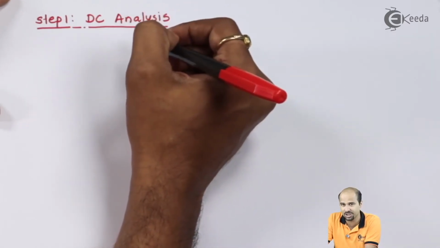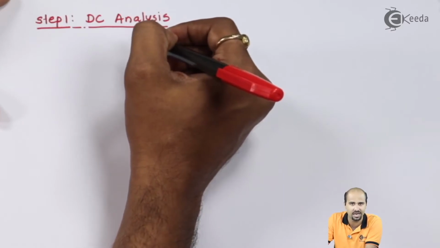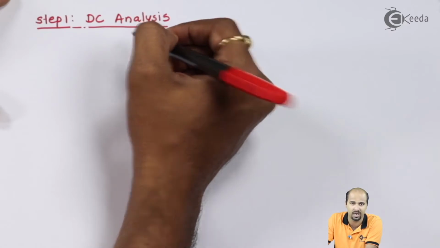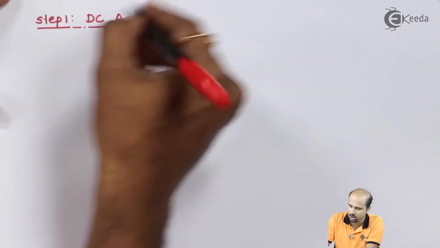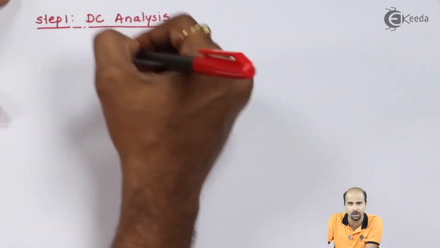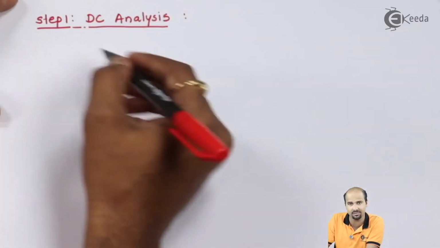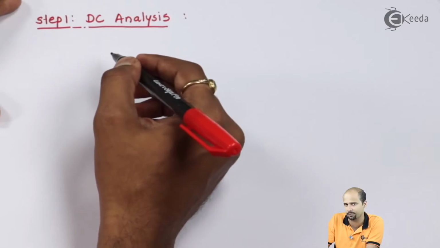So the gm1, gm2 values we have to find out, as well as the value of r-pi, and moreover we have to find out the value of RS, which is asked in your exam question. First of all, from the given values we'll try to find out the value of RS.